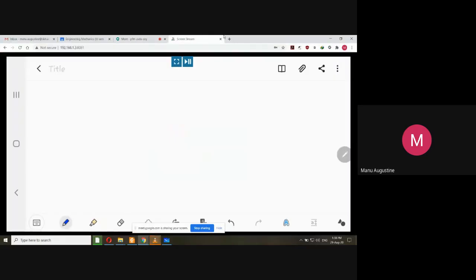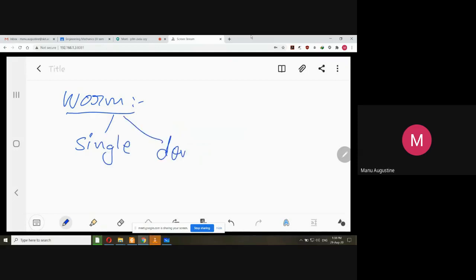So in other words, the worm comes with an additional concept of whether the worm is a single start worm or a double start worm, and theoretically you can simply go on adding number of starts, a triple start worm, and so on.